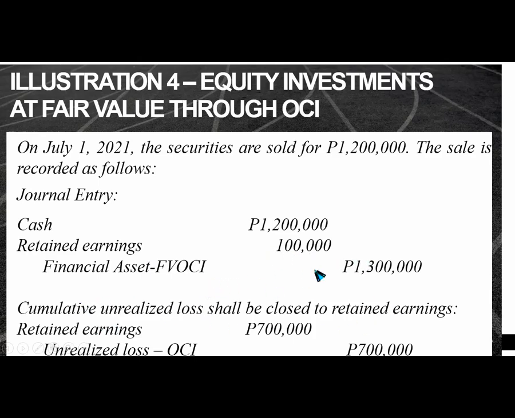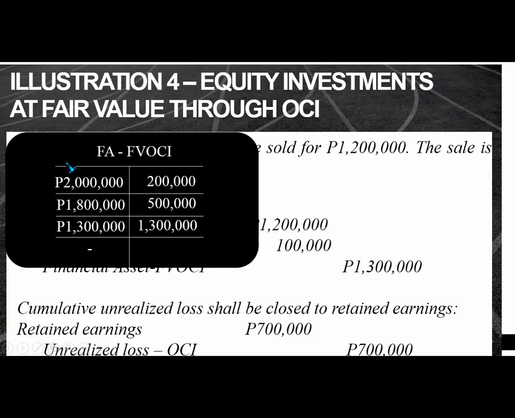Okay, then since all the securities were sold, it is right that we also remove the unrealized loss OCI of 700,000. Since it is a debit in our T account, we credit it to zero it out, and debit retained earnings. If we look at the FVOCI account, we had 1.3.